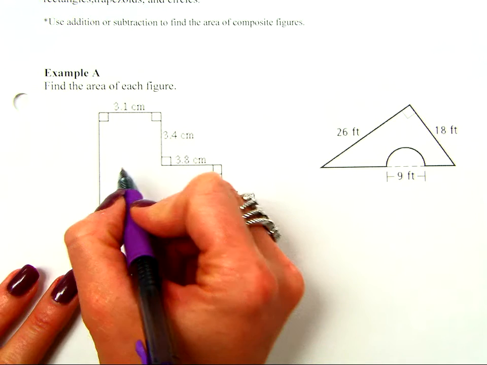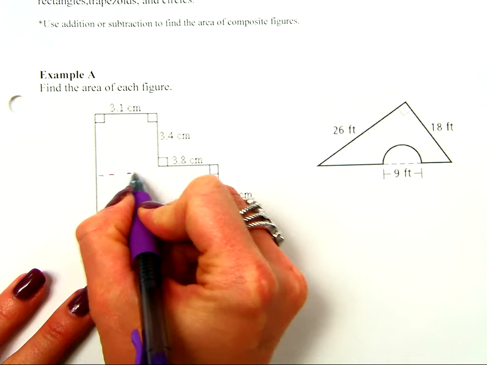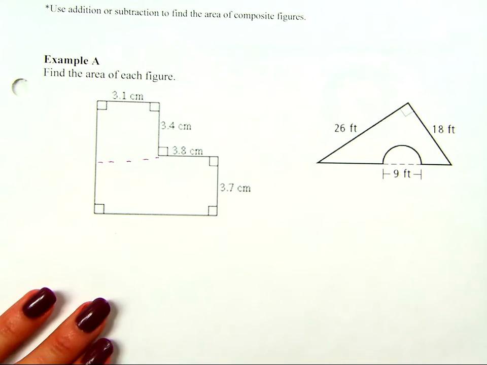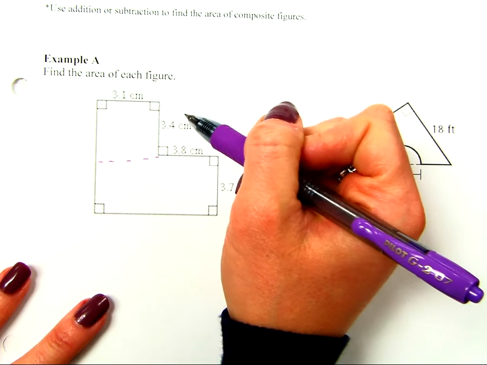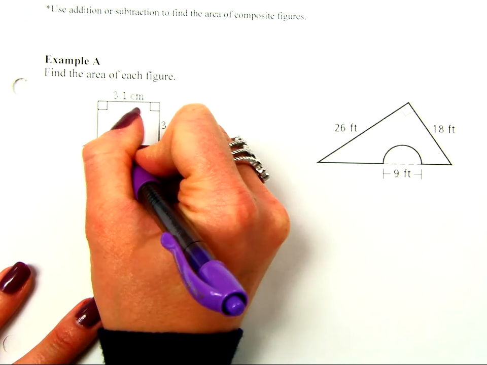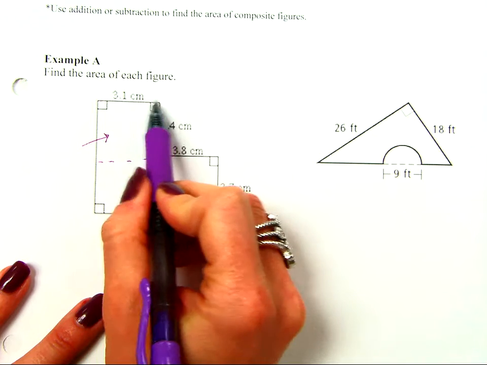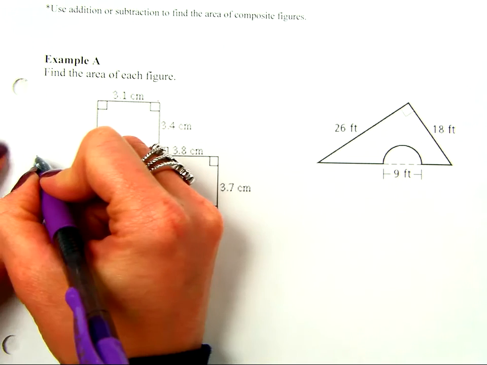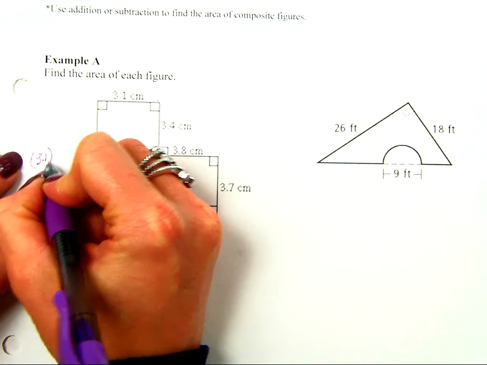I'm going to go ahead and just split mine right here. So I have my two rectangles. I know rectangle is base times height. So here my dimensions would be 3.1 times 3.4.